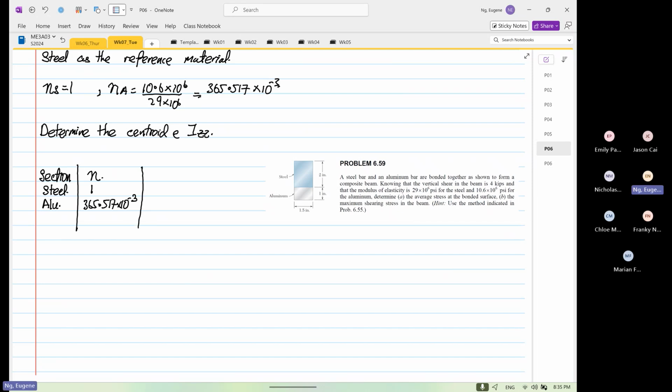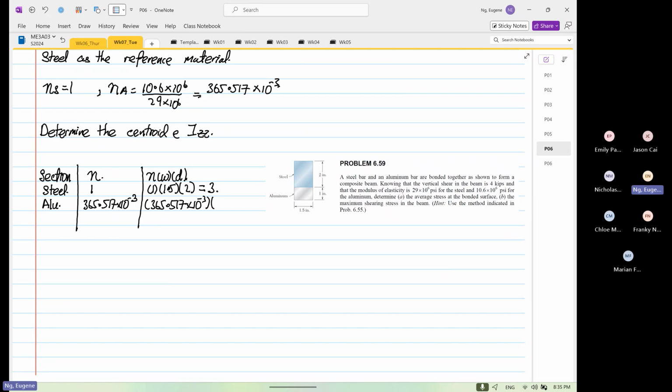Then we have our width and depth. Again, the width is changing, so this is 1.5. The depth is 2, so this is equal to 3. And the other one is 365.517 times 10 to the power minus 3.